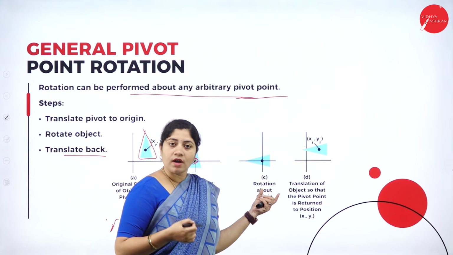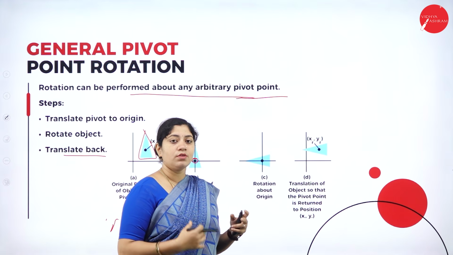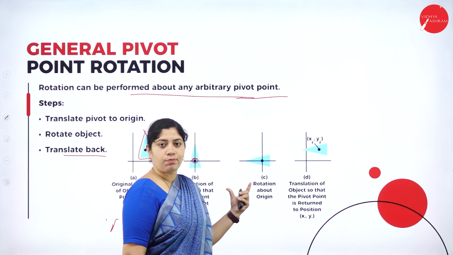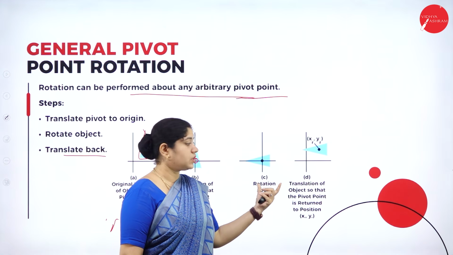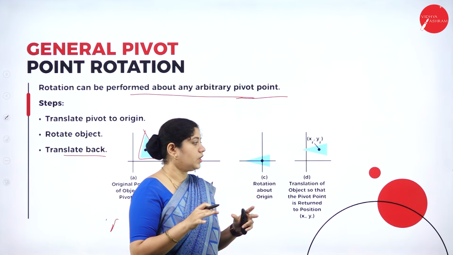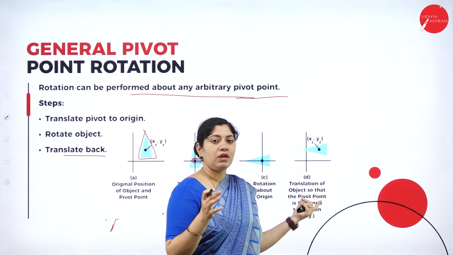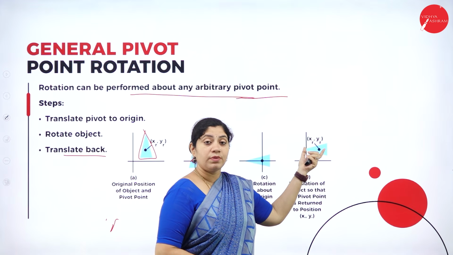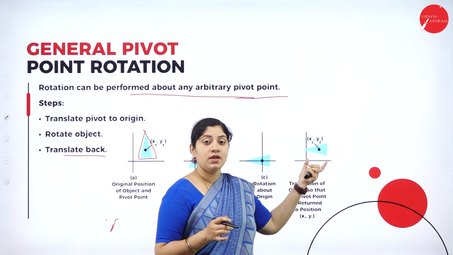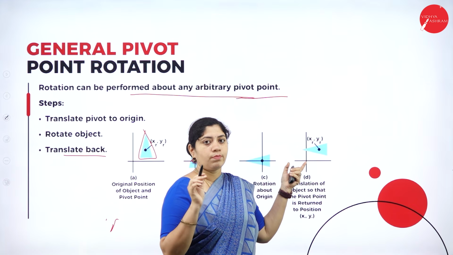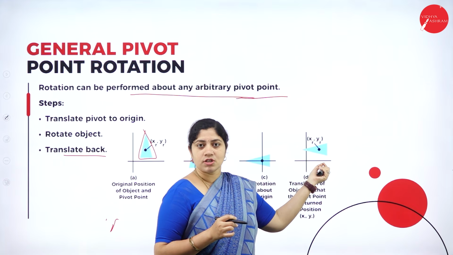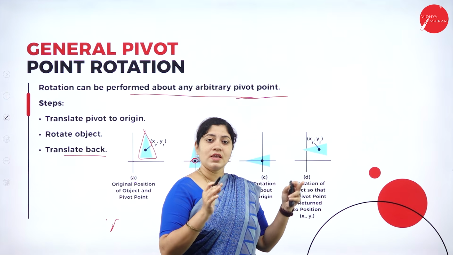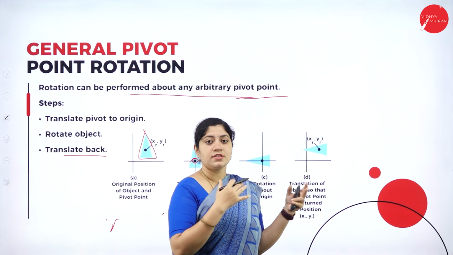And after that, we can go with rotation. Shifting of the point is done, shifting of the object is done, then we are rotating it. And finally, we will translate the object from this position to its previous initial position so that the pivot point is at its initial point itself, and we get an object that is rotated.